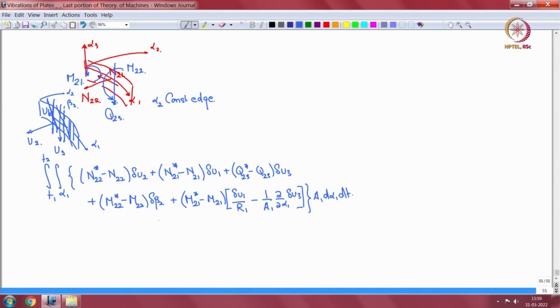So why? Because beta 1 is u1 by r1 minus 1 by a1 del alpha 1 u3.